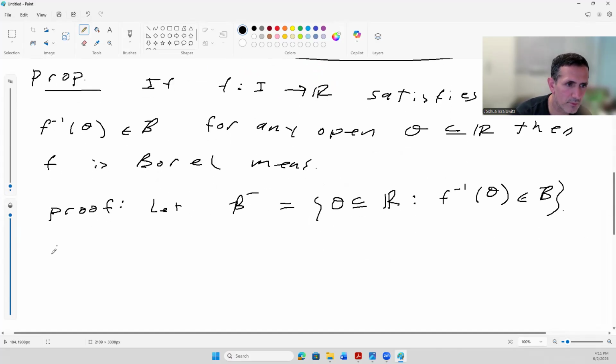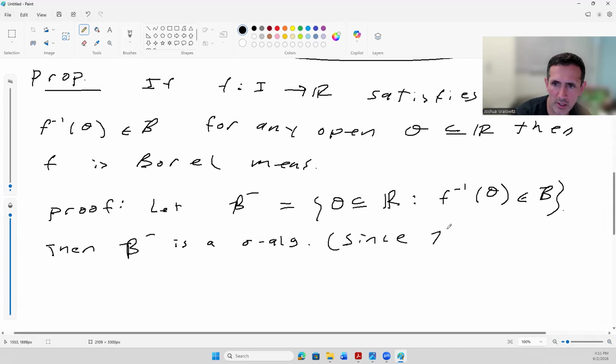You can check very easily that this is a sigma algebra, and the reason is that the inverse image respects complements and countable unions.